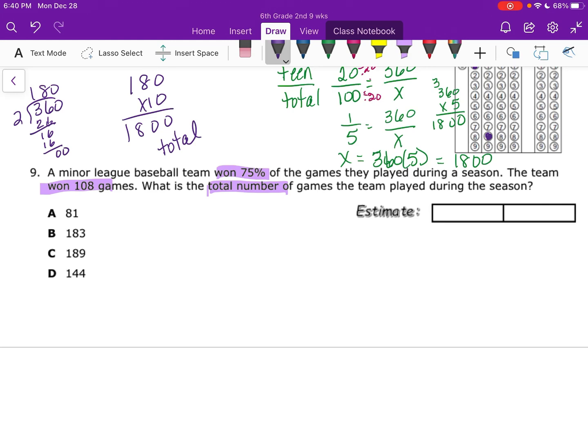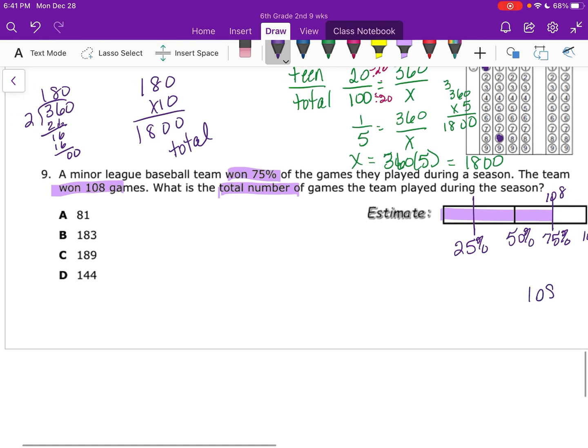So 75%. When I think about this, think quarters: 25, 50, 75, 100. So all of this is what they won, which is 108. So we could take 108 divided by 3, because there's 3 pieces.